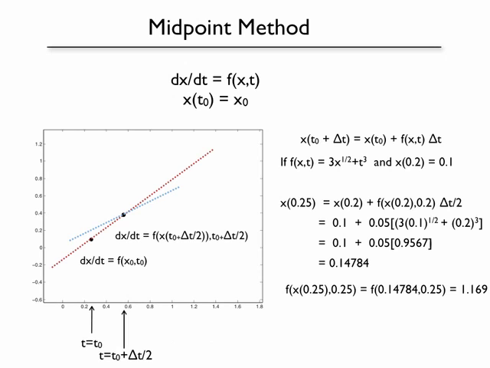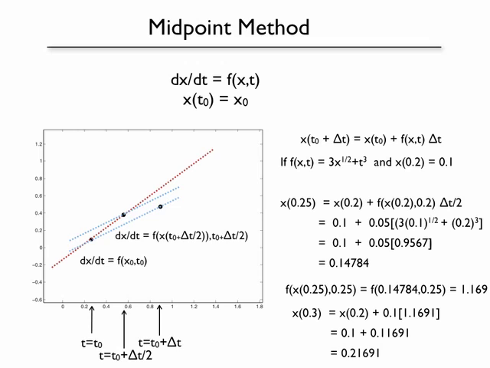And so then we can just move that slope down and use the same slope we computed at the midpoint, but use it from the first point, and then we take a full step with that slope measured at the halfway point. Plug it in, get that, just grind through the math. We've got our new slope times 0.1 plus the initial value, and we get another, also more accurate value for the function at 0.3.